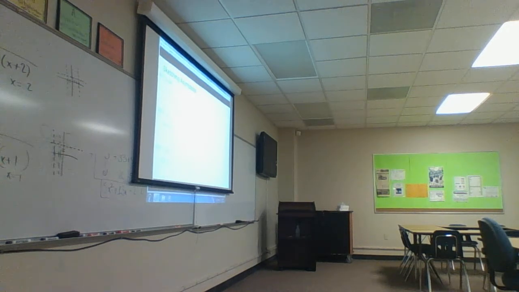Actually, it's not +2, -1 as the asymptotes, because we have to set x equal to 0. So x +2, x -1, but when we set it equal to 0, those change to the opposite. So it'd be -2, +1.